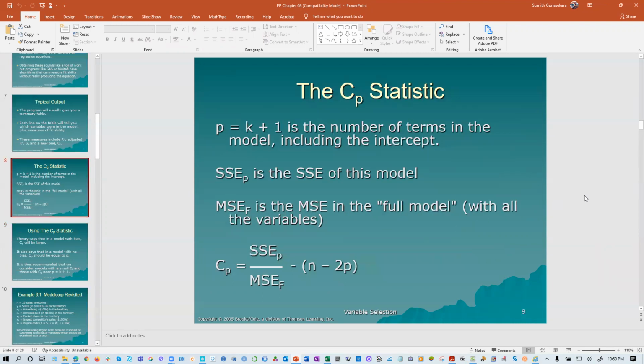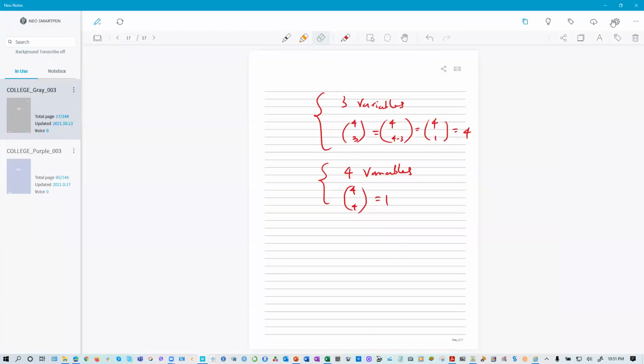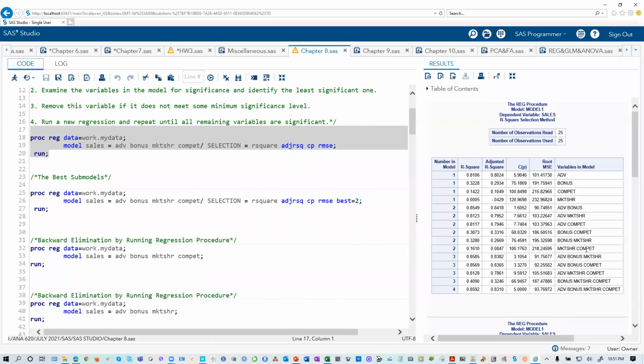That's the Cp statistics. The SSE of the partial model should be divided by the mean squared error of the full model. Partial means if you are here, that's the partial one.